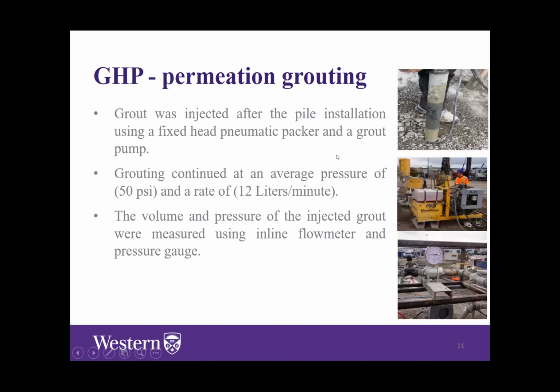To inject the grout through these holes, we use a fixed head pneumatic packer. The packer goes inside the hollow helical pile shaft, and the mixer starts mixing the microfine cement with water at a water cement ratio of 0.5 and pumping the grout through the lines. The packer pushes the grout inside the hollow pile shaft and through the pile helices into the surrounding soil.